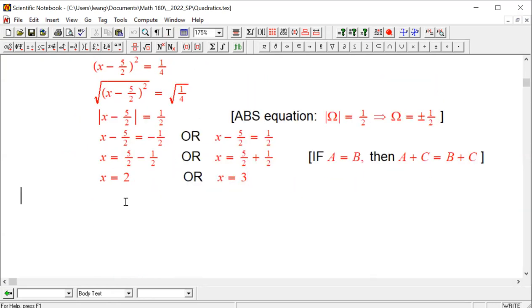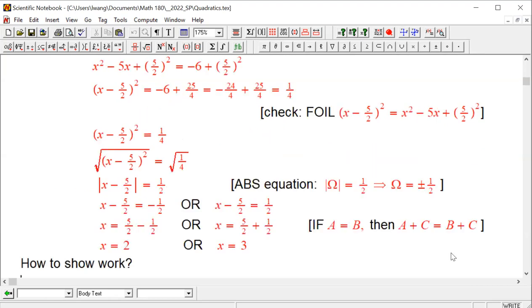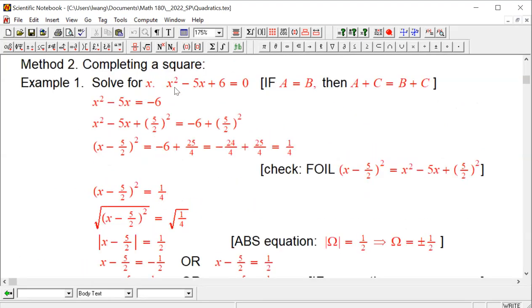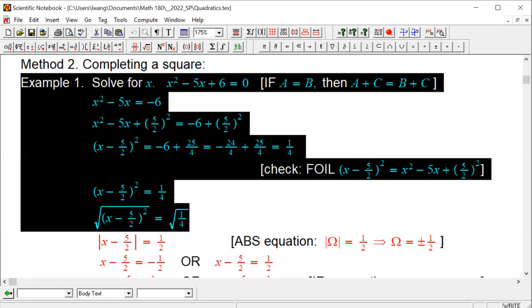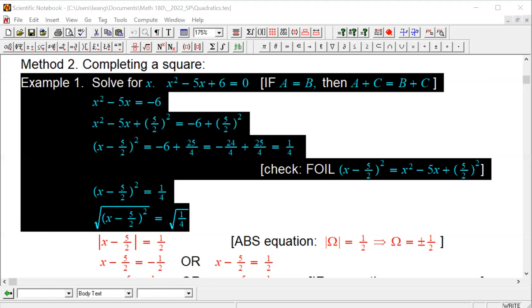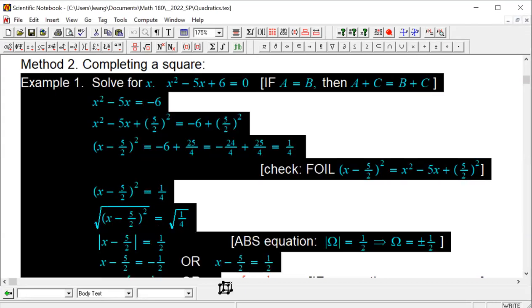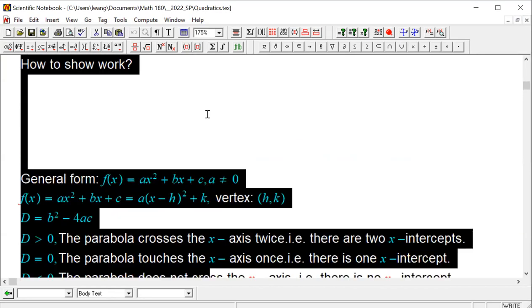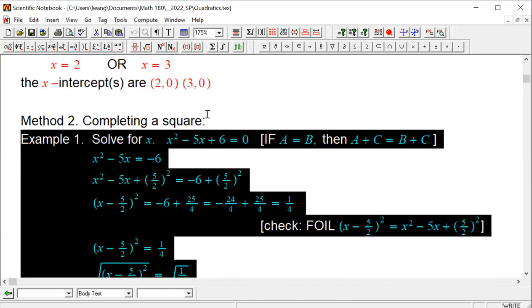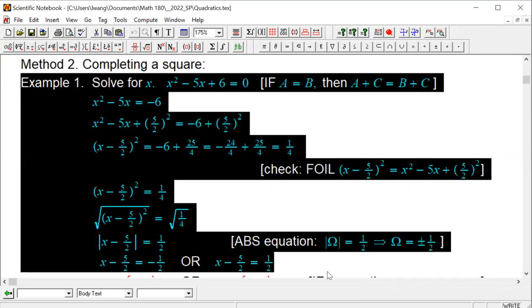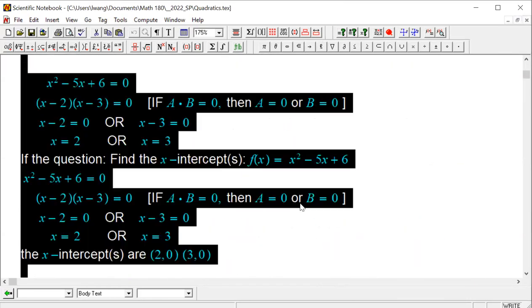So how do you show your work, right? How to show work? These are the questions I often get. So I'm going to copy the entire question, and let me just show you how you should show your work, because that's a perpetual question our students ask.